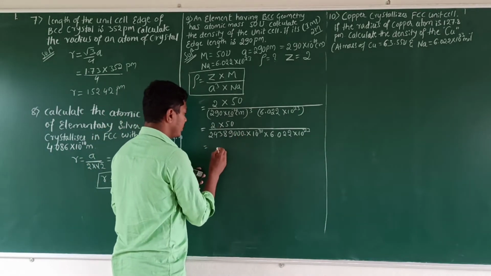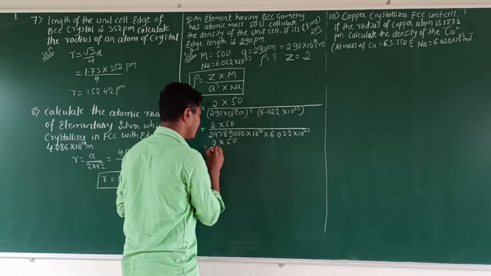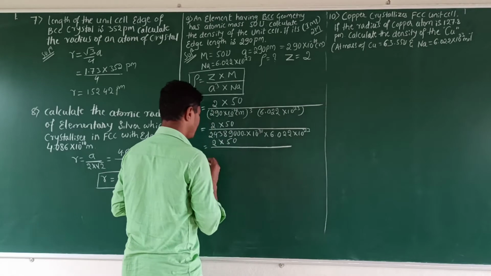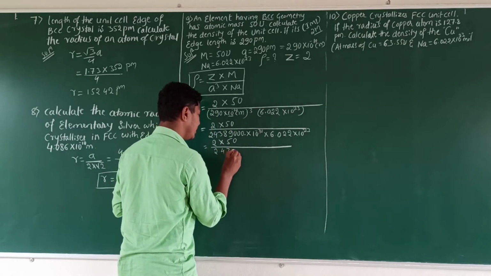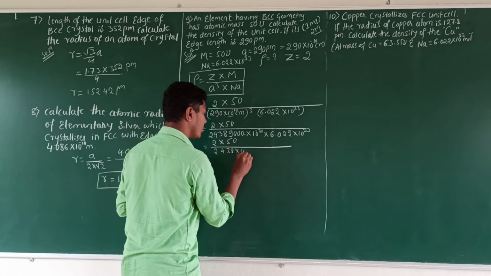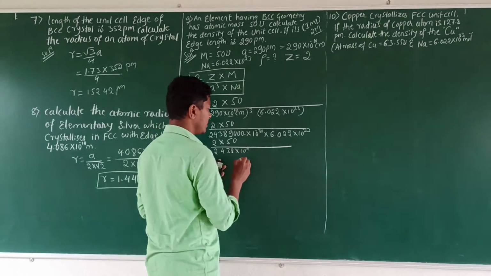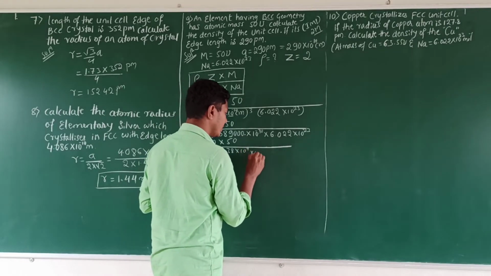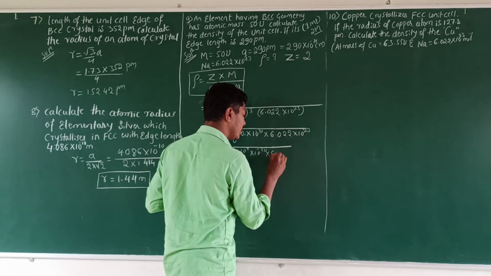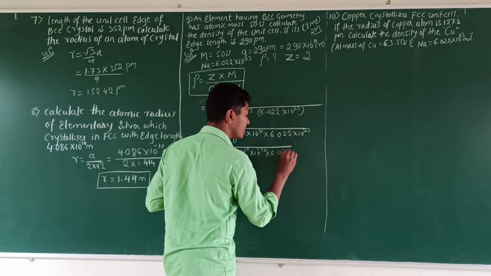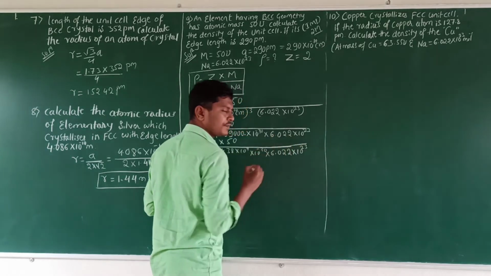Okay, 2 into 50 divided by 2.4389 into 10 to the power 7, 10 to the power 7 into 10 to the power minus 30 into 6.022 into 10 to the power 23, isn't it?